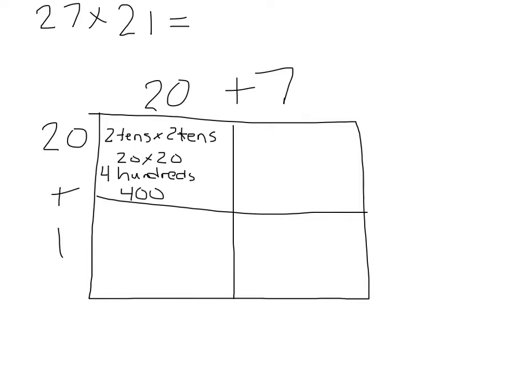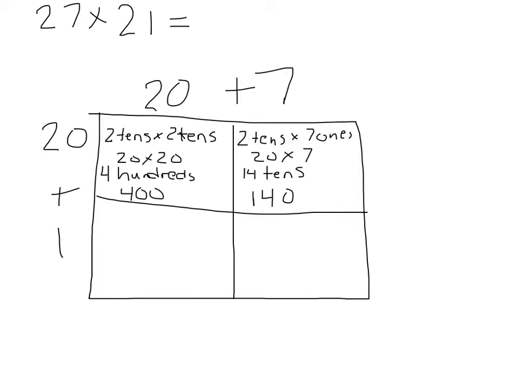The next box I'm going to multiply is 2 tens times 7 ones, or 20 times 7. So I would get 14 tens, or that's really 140.